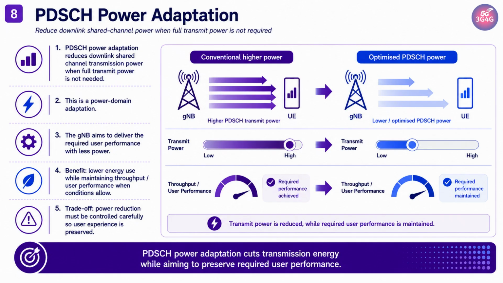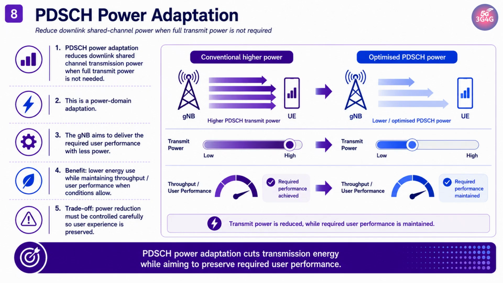PDSCH stands for Physical Downlink Shared Channel. This is the main downlink data channel used to carry user data. PDSCH power adaptation reduces the transmission power used for the downlink shared channel when full transmit power is not required. This is a power domain adaptation.